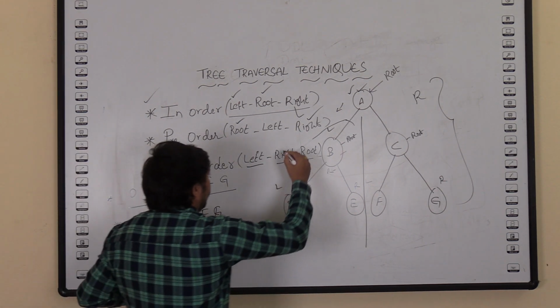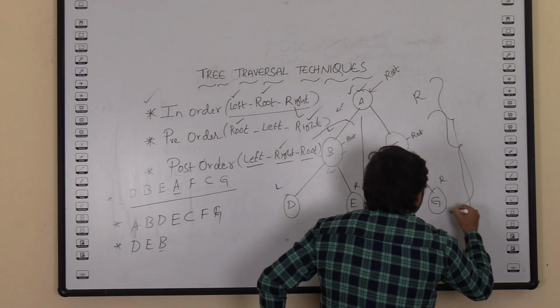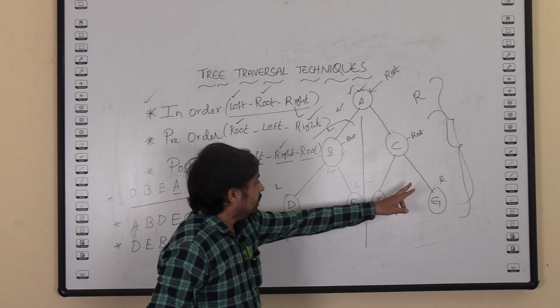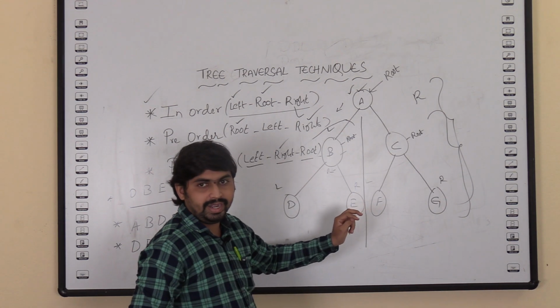Then move to the right of the tree. This is the right of the tree. This right tree has two children and one parent node.